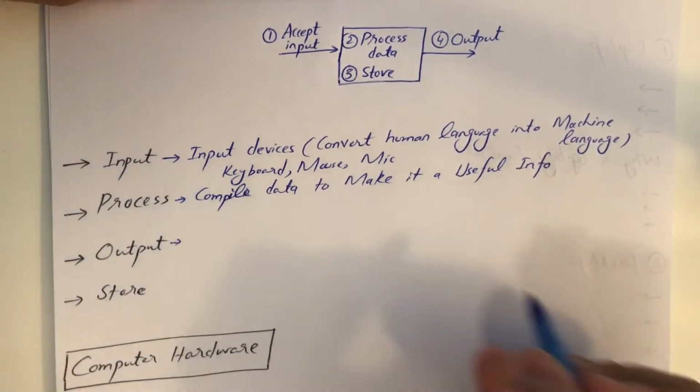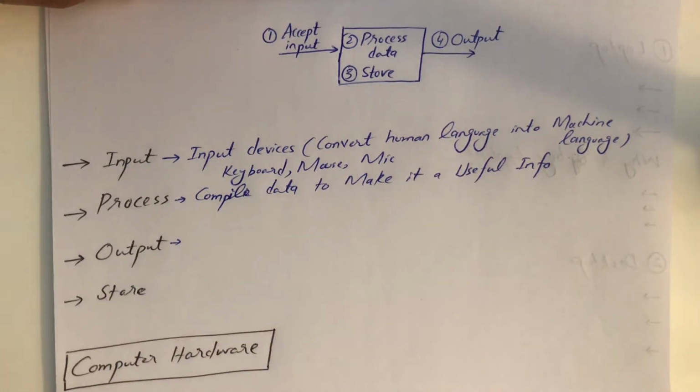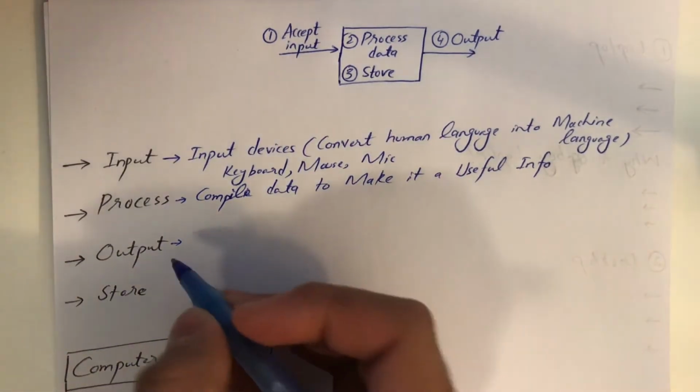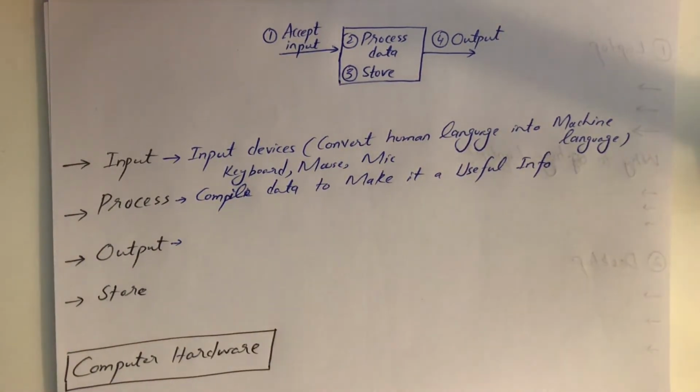Output is, again, because whatever is running inside the computer is in machine language, 1010, which humans cannot understand. For example, even a song. If you want to listen to a song, you need an output device, because the tracks and everything are written in machine language. So we need to use an output device if the computer wants to communicate with you.